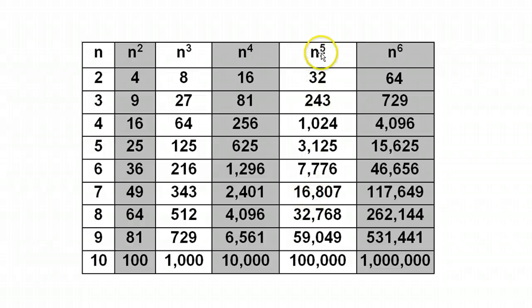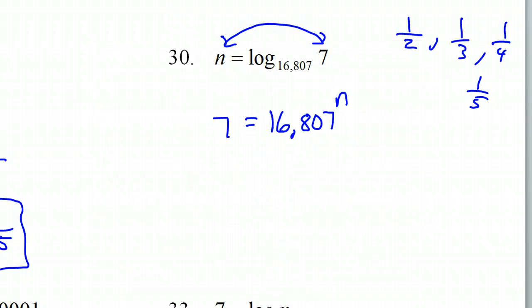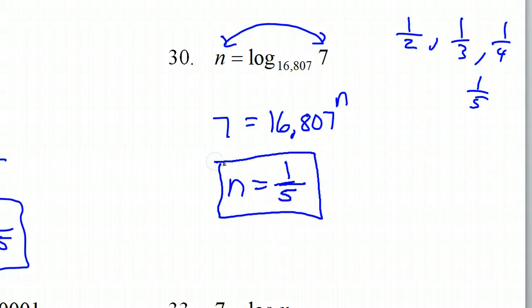See the 5? That means the 5th root, if I go backwards, the 5th root of 16,807 is 7. So we need the 5th root. So that means that n is 1/5. Okay, so that's number 30.